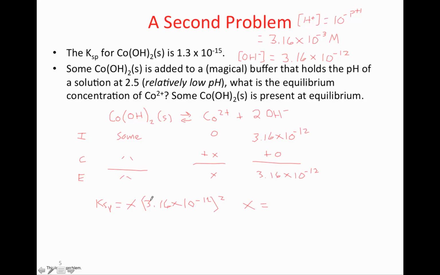I'm going to square that, divide, and I get, okay, I think I did something wrong. I put 1.3 times 10 to the minus 15 in my calculator wrong. 3.16 times 10 to the minus 12, that's good. Just give me 1 second, I apologize. 1.3 times 10 to the minus 15.